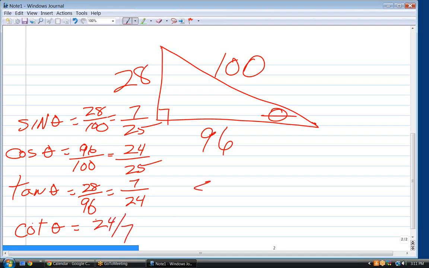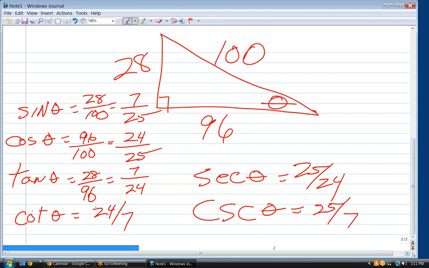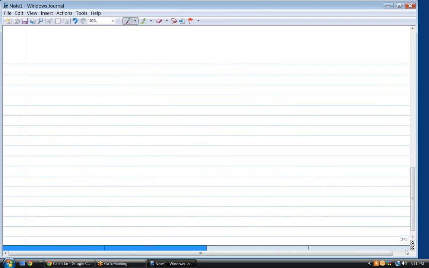What is the secant of theta? Secant would be 25 over 24. And finally, the cosecant of theta. 25 over 7. That's good. You know SOHCAHTOA and you know your reciprocal relationships. That's big.